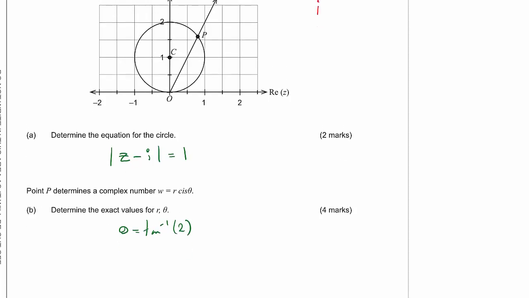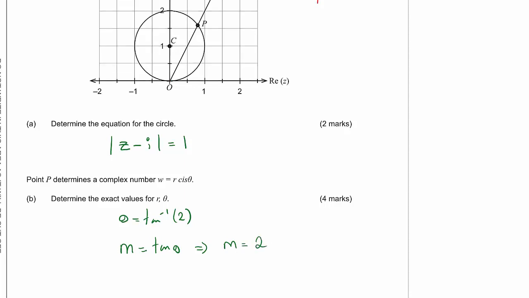And so now we need to look at working out the length OP. Well, since we know that in general a gradient is equal to tan theta, where theta is the angle with the positive x-axis, that tells us that the gradient of our line is 2.